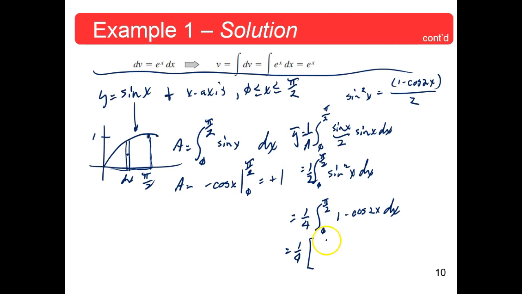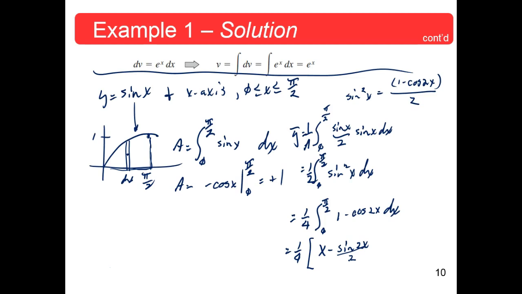It's x. Okay, minus, what's the antiderivative of cosine 2x? Sine, so that would be sine 2x, but then you've got to divide by 2.